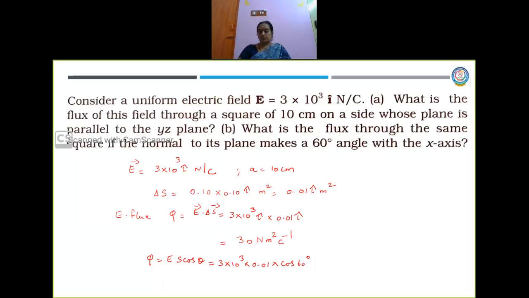When you simplify this, you will get the answer 15 Newton meter square per coulomb. So this is with respect to an angle of 60 degrees, and this is with respect to an angle of 0, that is theta 0, here theta 60 degrees.